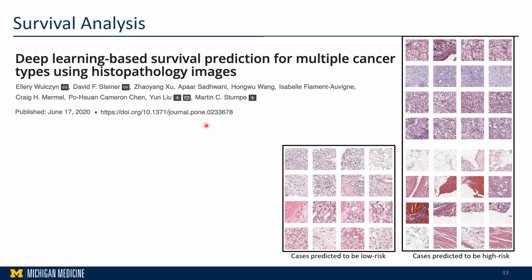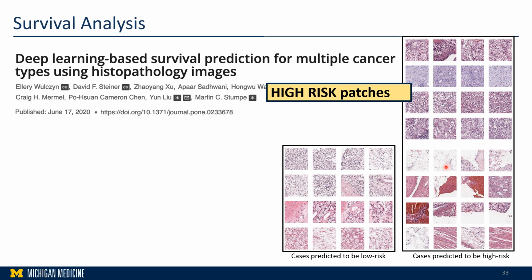For example, all these patches were taken from cases predicted to be high risk, while these patches are taken from cases predicted to be low risk. When you look at the patches at the top, those show high-risk patches, taken from cases predicted to be high risk.